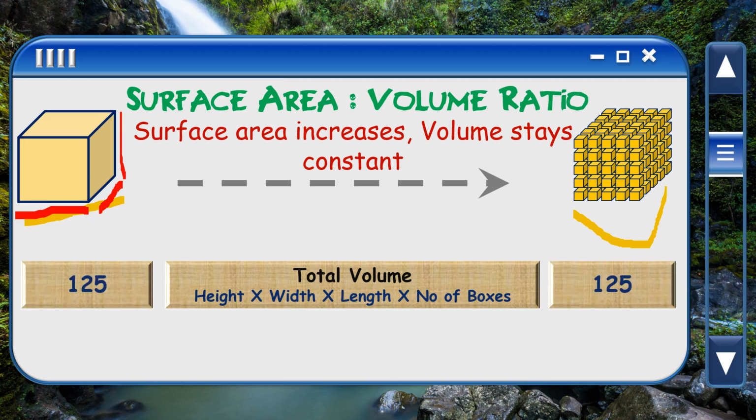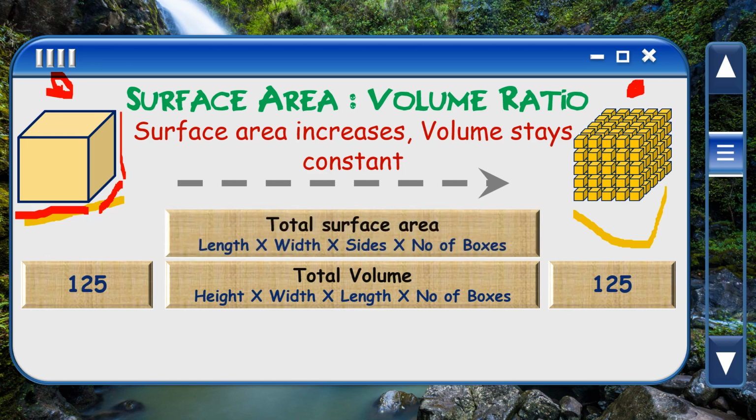Now, if you look at this big box of ours here, its total volume is 125. But when you divide it into smaller boxes and we get our volume here, the total volume also remains 125.